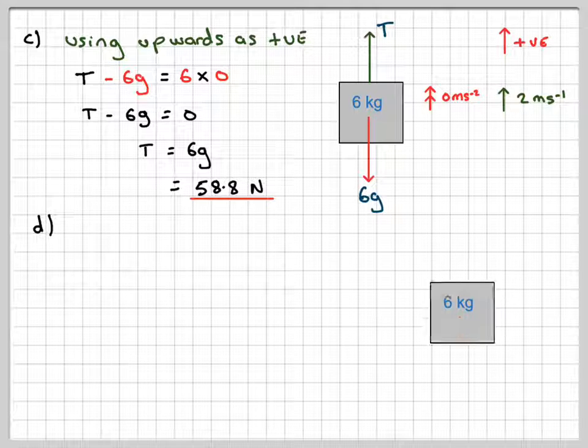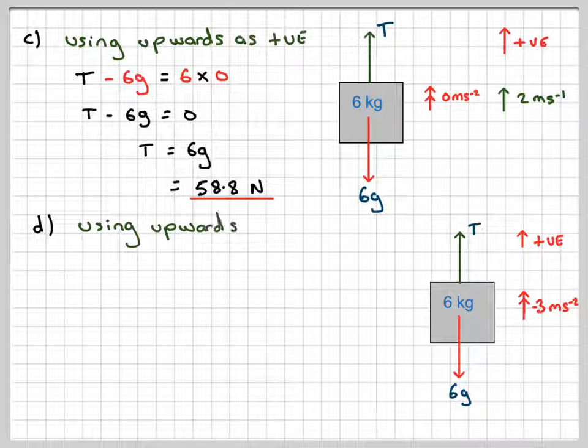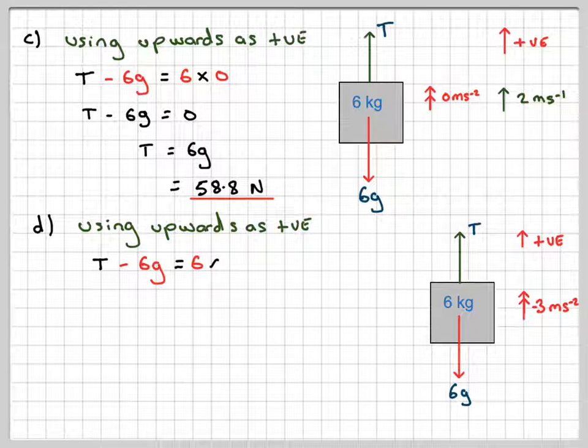In the final case, we have a deceleration of 3 meters per second squared, but the object is moving upwards. Again, I'm going to take upwards as positive, so resolving, T minus 6g is equal to 6 times the acceleration.